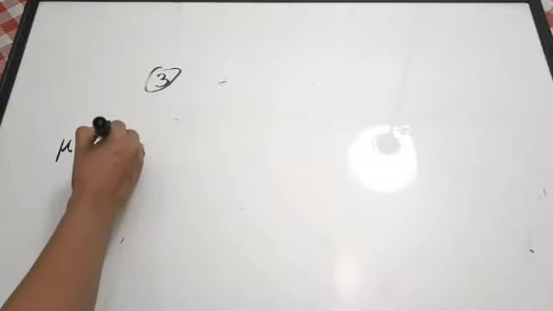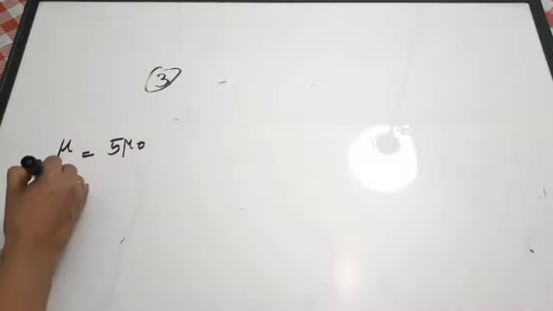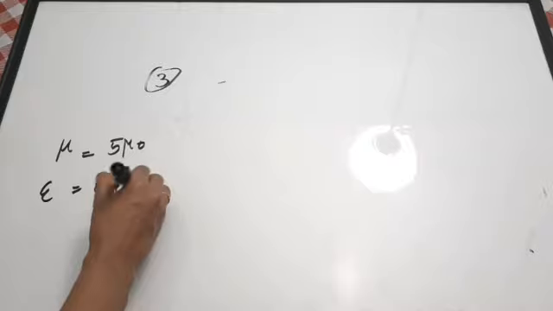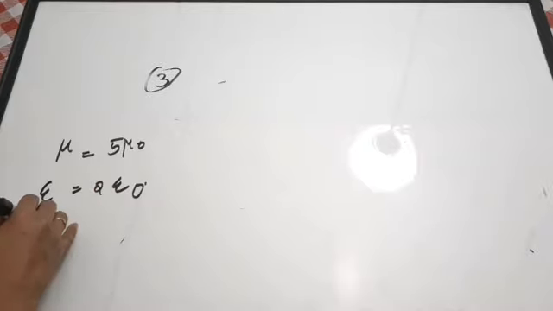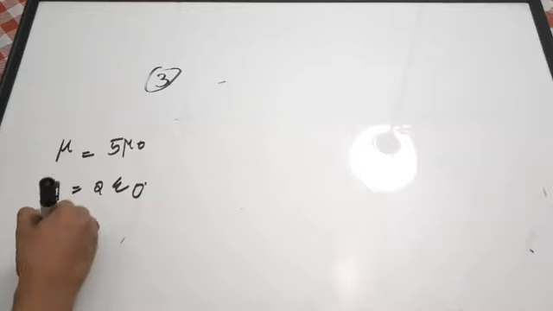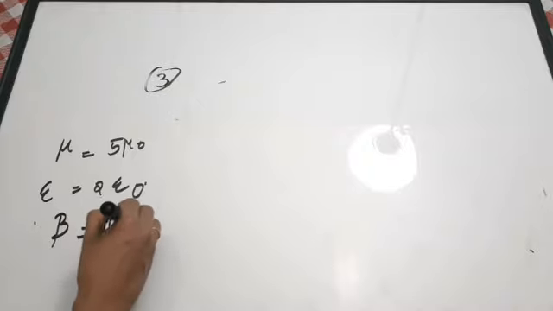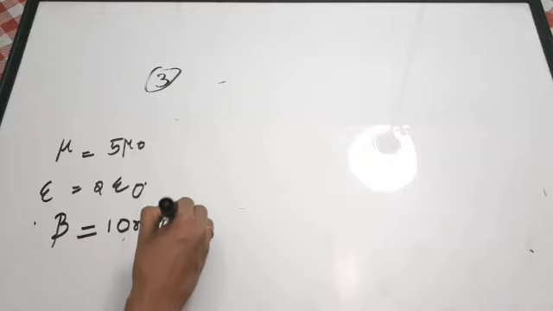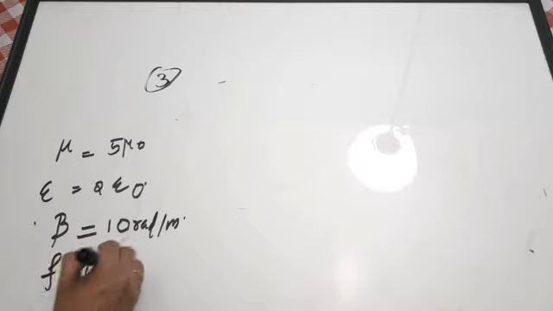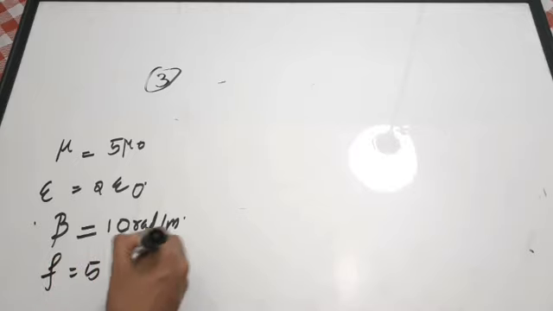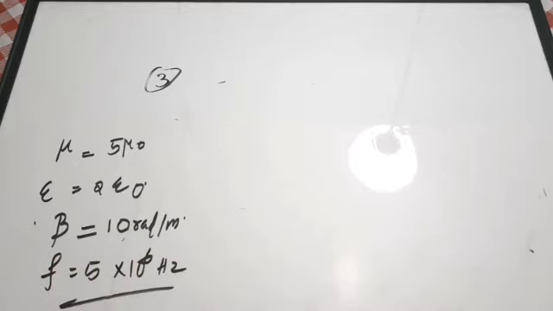You have been given mu equal to 5 mu 0, epsilon equal to 2 epsilon 0, and the phase constant, which is represented using beta equal to 10 radian per meter. And frequency is given as 5 megahertz, so 5 into 10 raised to 6 hertz. So these are the details given to you.